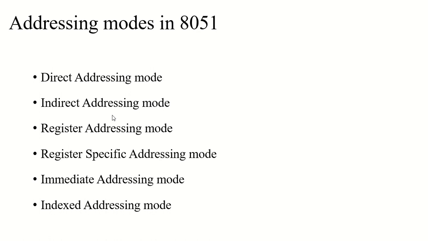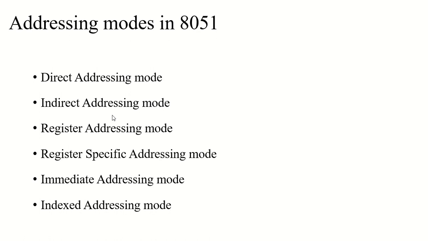Then we have the register specific addressing mode. What will happen in this addressing mode? The instruction refers to a specific register like the accumulator or data pointer. It's simple. Let's say SWAP A. When you write SWAP A, it will swap the nibbles of the accumulator.